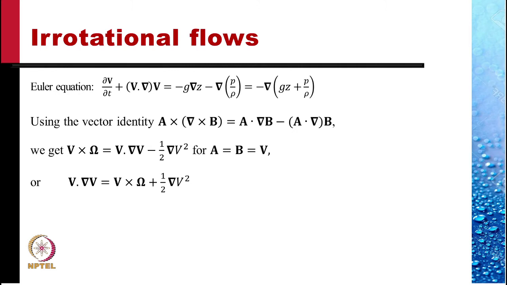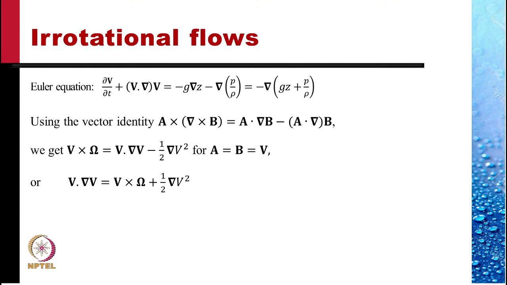Using the vector identity, A cross curl B is equal to A dot del B minus B dot del A, we get V cross omega is equal to V dot del V minus 1/2 del V square, for A and B equal to V. Then we get from this V dot del V is equal to V cross curl of V plus 1/2 del V square.